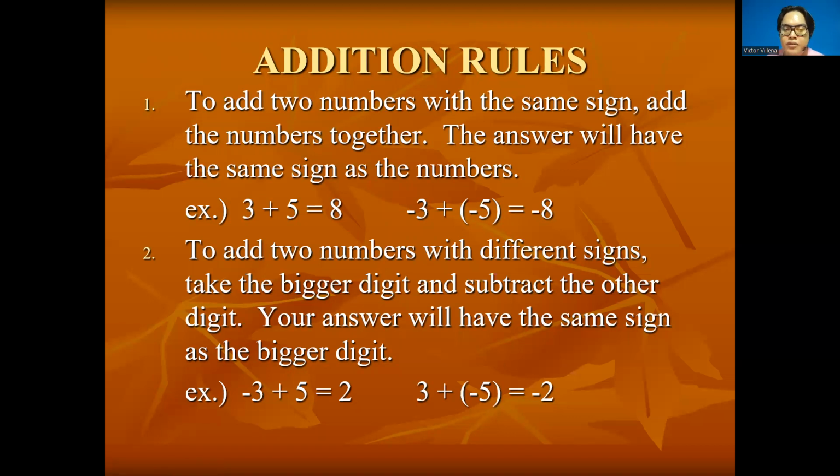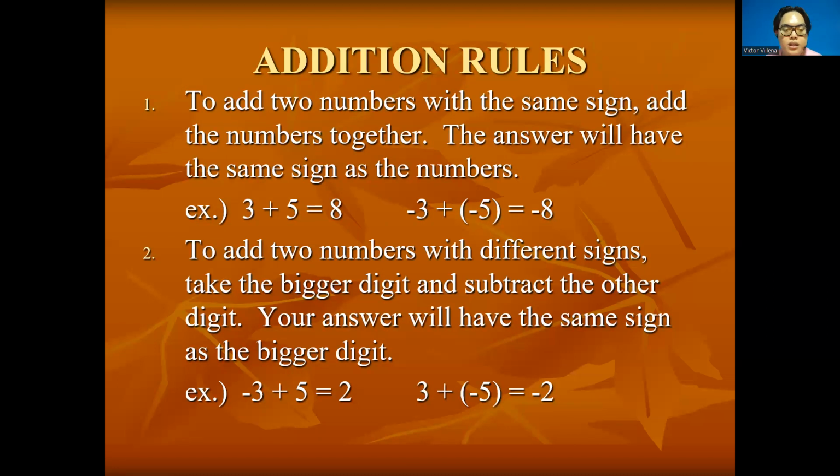Since 3 and 5 are both positive, the answer will also be positive. So 3 plus 5 is equal to positive 8. It is the same for negative 3 plus negative 5. Again, they have the same sign, so that would be negative 8. We just add the numbers and copy the sign.